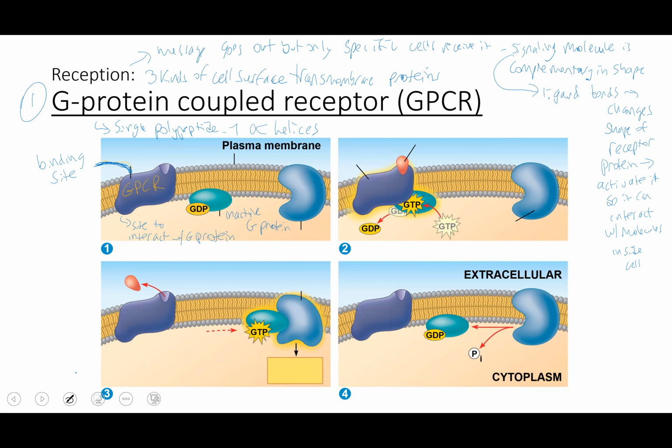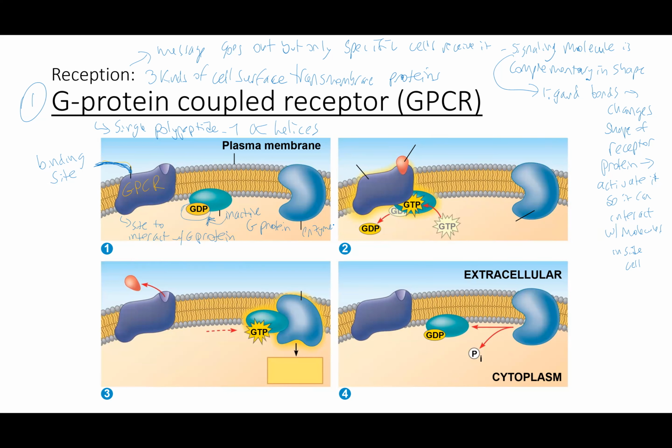It's inactive when it's GDP. So when GDP is bound, that's what's making it inactive. And this blue thing over here is an enzyme. This is our target. This is what we're trying to get to do something.